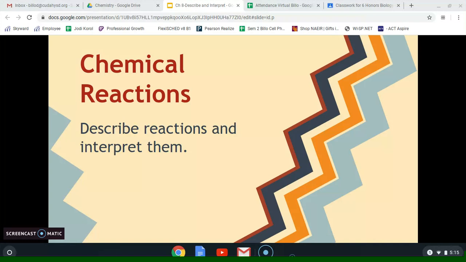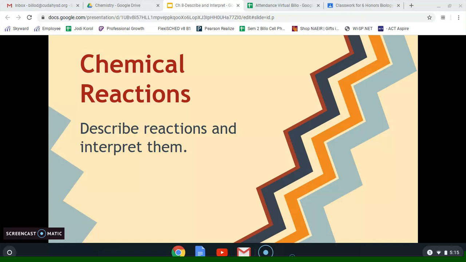What I mean by that is we've gotten used to reading letters and numbers for formulas, but since we've covered naming chemical compounds in chapters 5 and 6, we're going to start to apply that skill. So actually, when we go through these equations, we're going to sound like scientists.